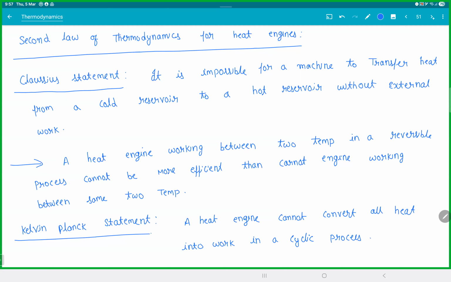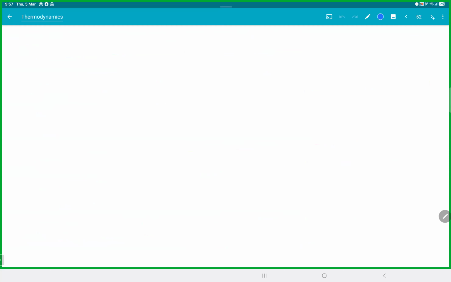Now, what is this Carnot cycle? We don't need the derivation. The formula is more important. The Carnot cycle is actually a combination of two adiabatic and two isothermal processes. So just remember that much.